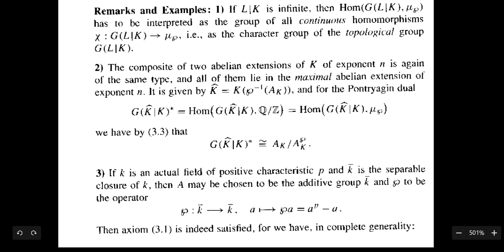Remarks and example. If L over K is infinite, this group has to be interpreted as a group of continuous homomorphisms, as the character group of the topological group.